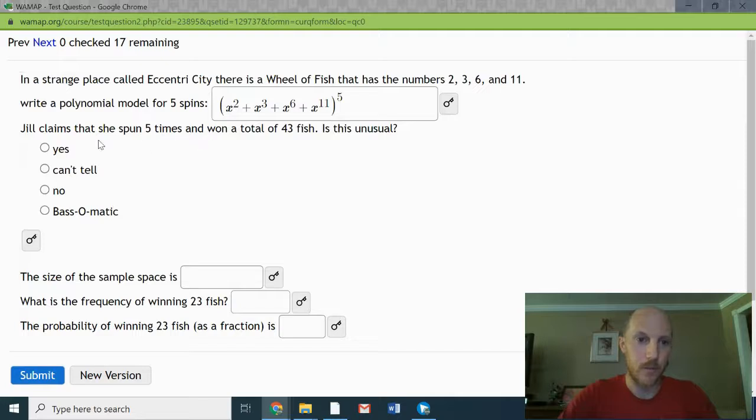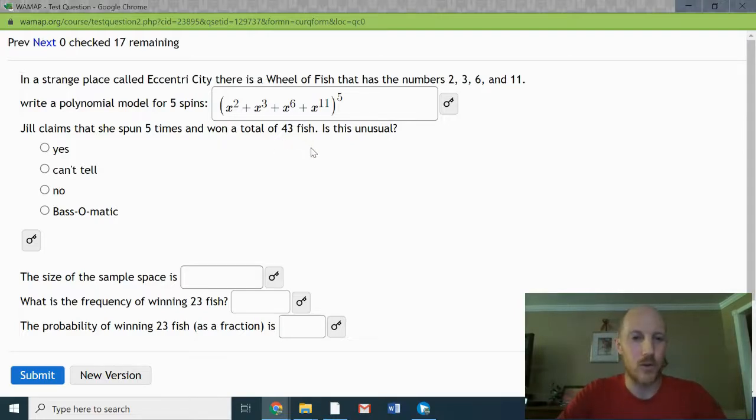And moving on, Jill claims, as a resident of Eccentricity, that she was awarded 5 spins to the wheel of fish. She says she spun 5 times and won a total of 43 fish. Is this unusual? How am I supposed to know if that's unusual? I don't know, Jill. I don't know what happens in Eccentricity. It seems like a strange place. Could that happen? I don't know.